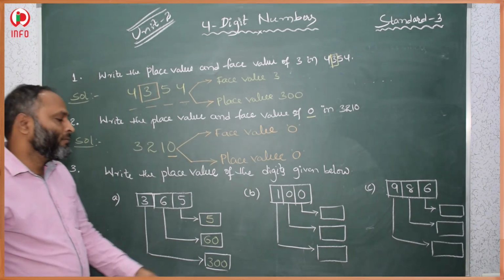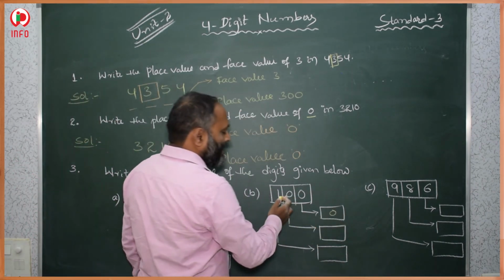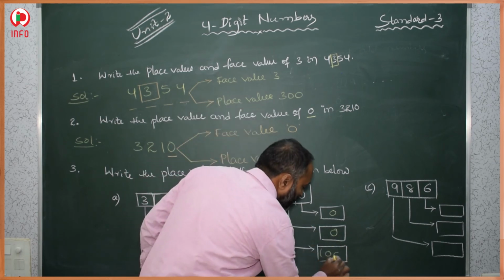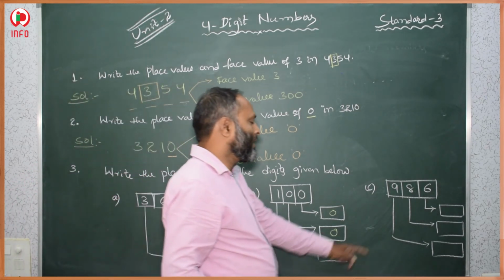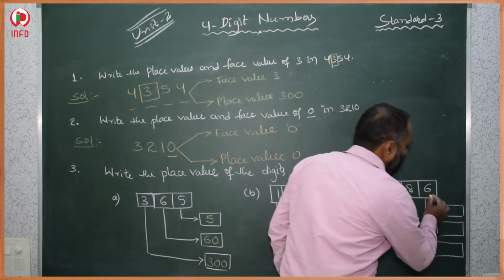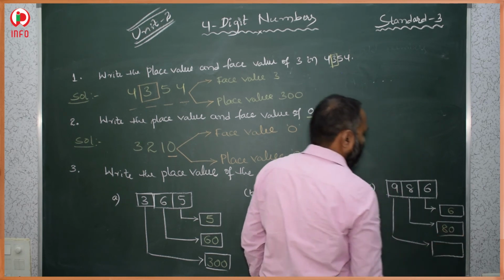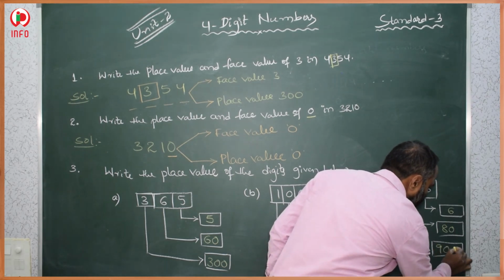In the same way, 0 is in the ones place, 0. 0 is in the tens place, 0. 1 is in the hundreds place, 100. In the same way, 6 is in the ones place, 6. 8 is in the tens place, 80. 9 is in the hundreds place, 900.